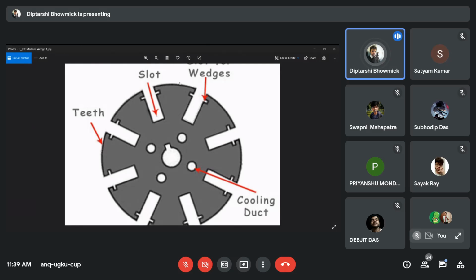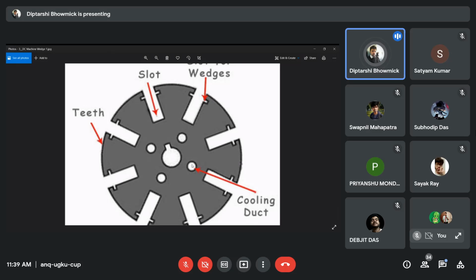In the previous picture, whatever the metallic part visible to you is basically this one. This is the teeth, and the slot is not visible to you because inside the slot there are the windings. There were the windings in the previous case. So these are the slots. These are the teeth. So here the teeth are marked. These are the cooling ducts, the ventilating ducts over there.